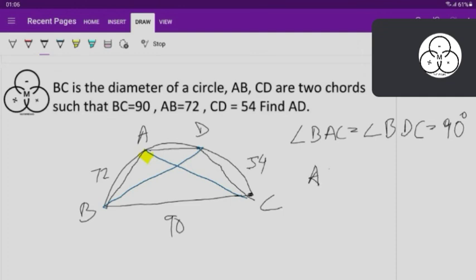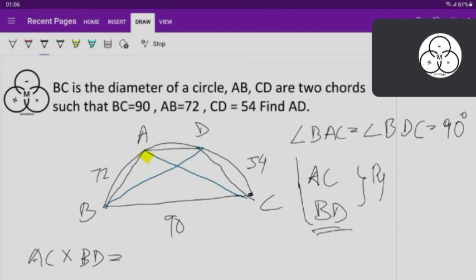So we can find out AC using Pythagoras theorem, BD using Pythagoras theorem. These are Pythagoras triplets only. After finding AC and BD, we will apply Ptolemy's theorem. I am not going for the calculation, I am just giving you the hint.